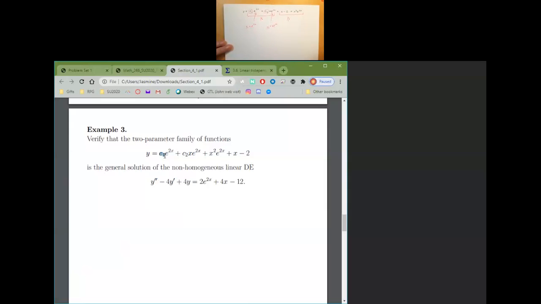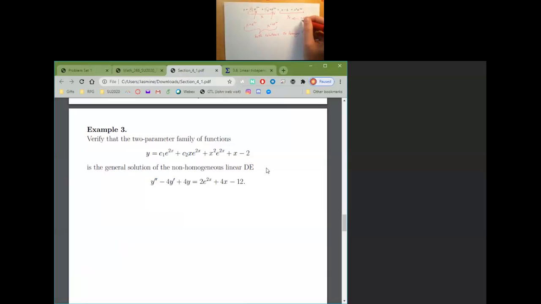So to verify that this is in fact the general solution, we have a few things we would need to check. We need to say, are these both solutions to the associated homogeneous differential equation? Is this a particular solution?